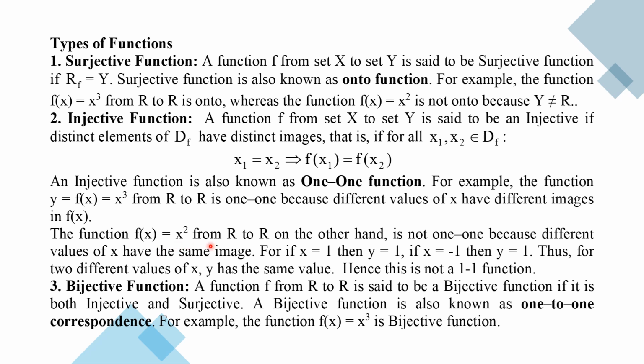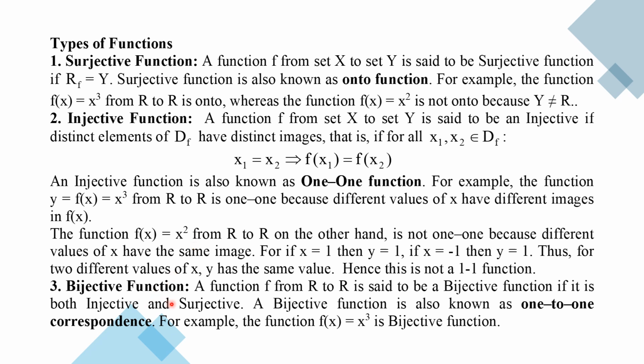And f of x equals x square from R to R is not a one-one or injective function, because if x is equal to 1, we have the image y equal to 1, and if x is equal to minus 1, y is also 1. So two different elements have one same image, so f of x equals x square is not one-one.